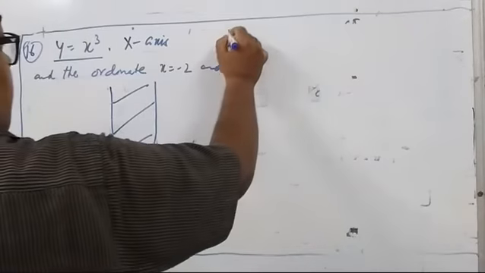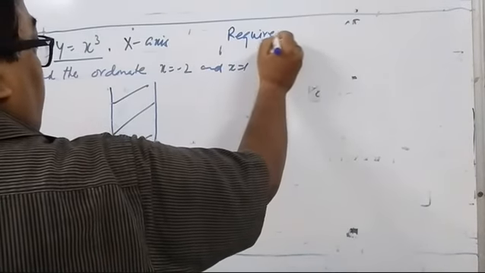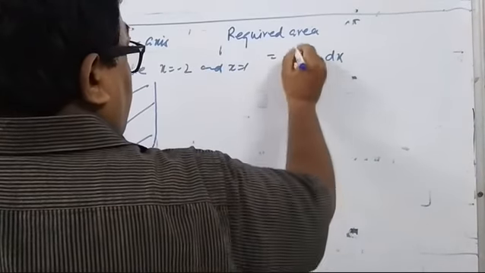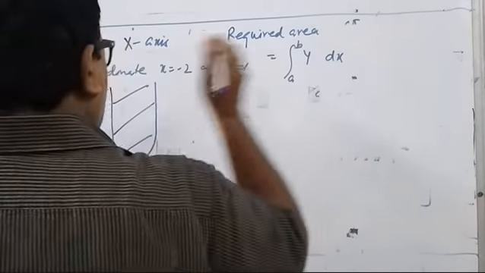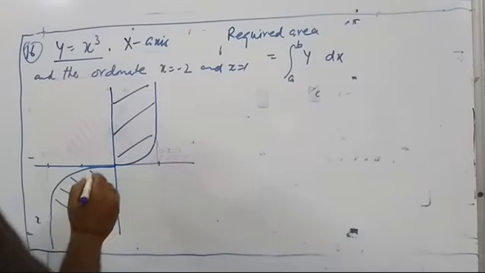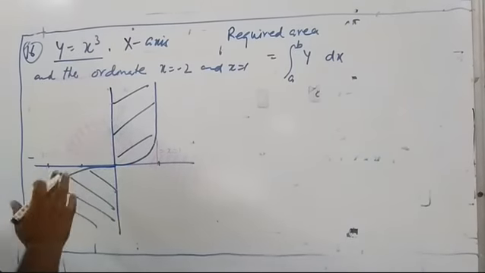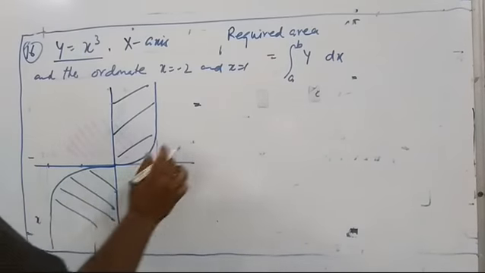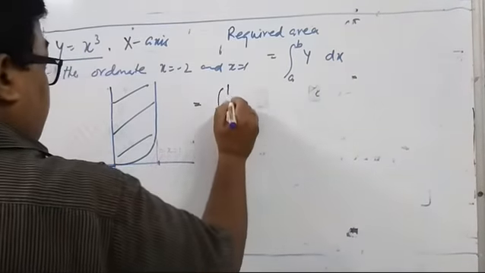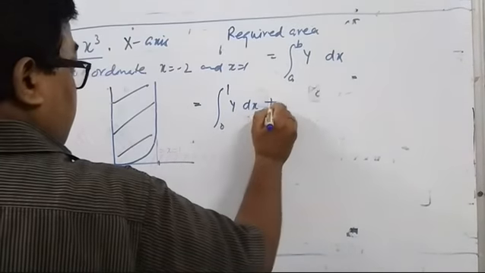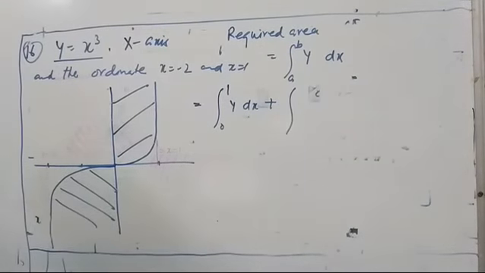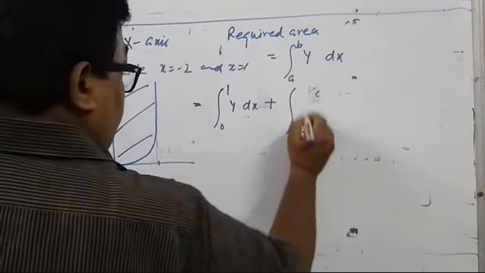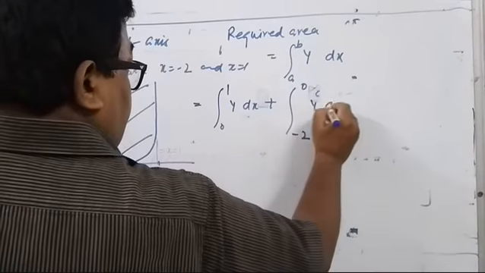So the required area is equal to the integral of y dx from a to b. Now there are two portions. The first is from 0 to 1 of y dx, and the second portion is from minus 2 to 0 of y dx.